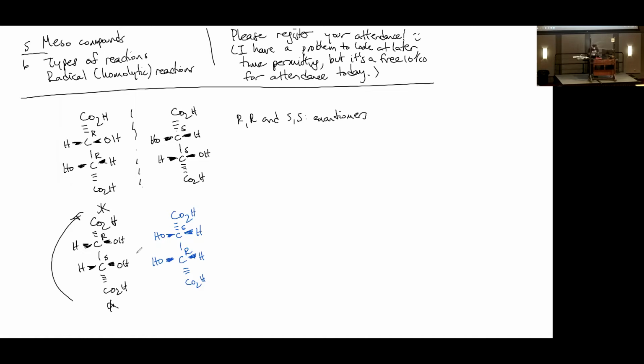So in fact, those two compounds, those two structures, I should say, are not enantiomers. They're the same thing. Here's another way you can prove that to yourself. There's a plane of symmetry running down the middle of the molecule, either way that you draw it. And whenever you see that, you're looking at a meso compound, MESO.